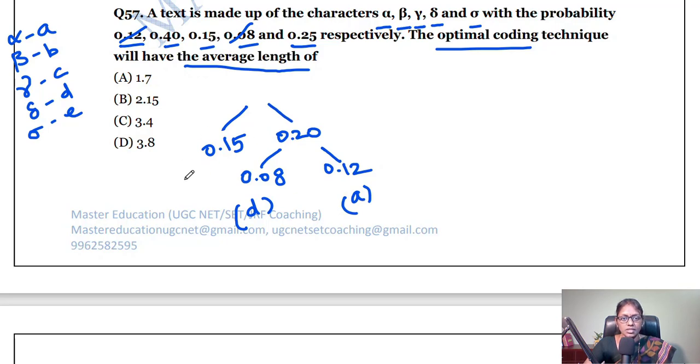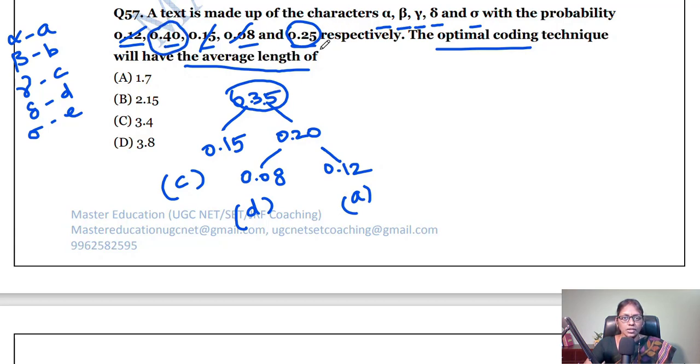0.15 is the C value. What is the addition? 0.35. So 0.15 is finished. Now the values are 0.25, 0.35 and 0.40.